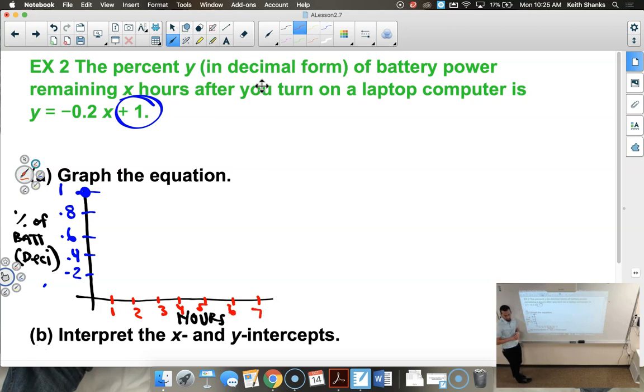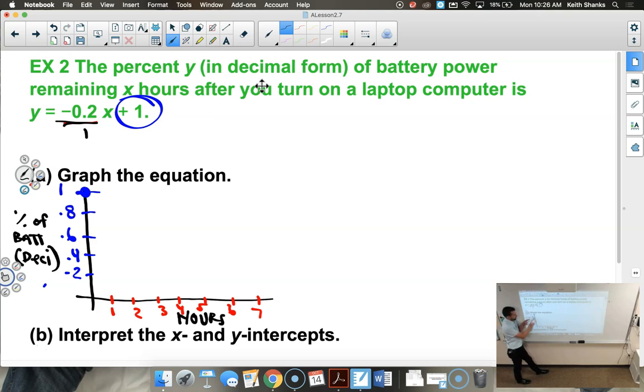Okay. And so I have that. So it's asking me to graph this. I started here, I put my dot, and then I'm going to go down 20% or 0.2 for every 1 hour, divided by 1, right? 0.2 over 1. Everything's divisible by 1.